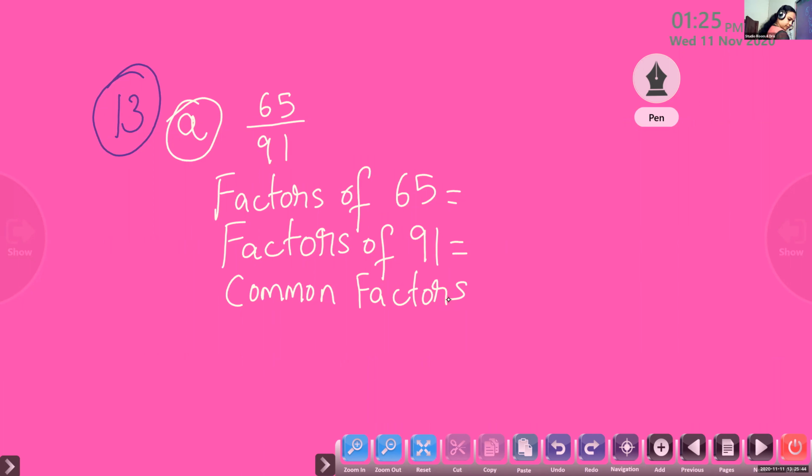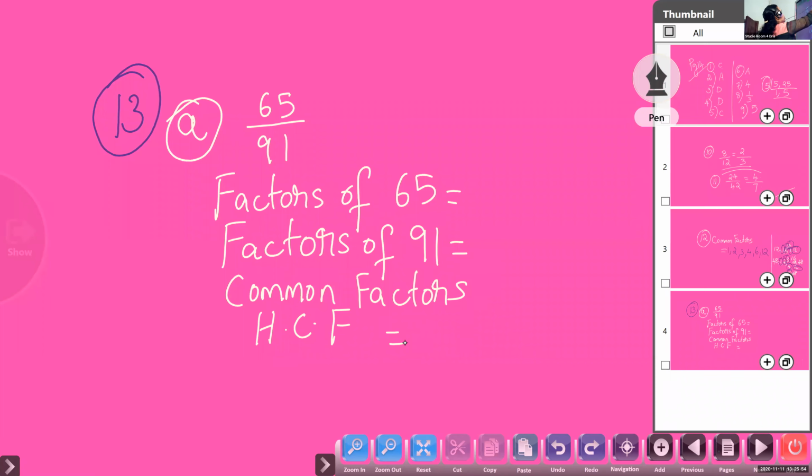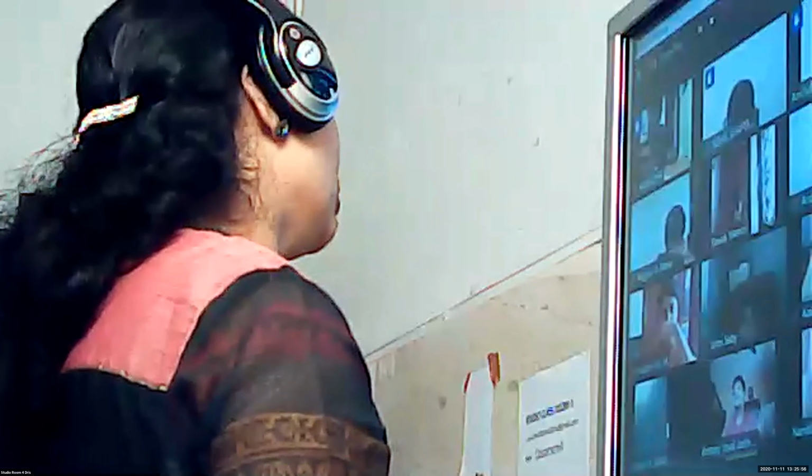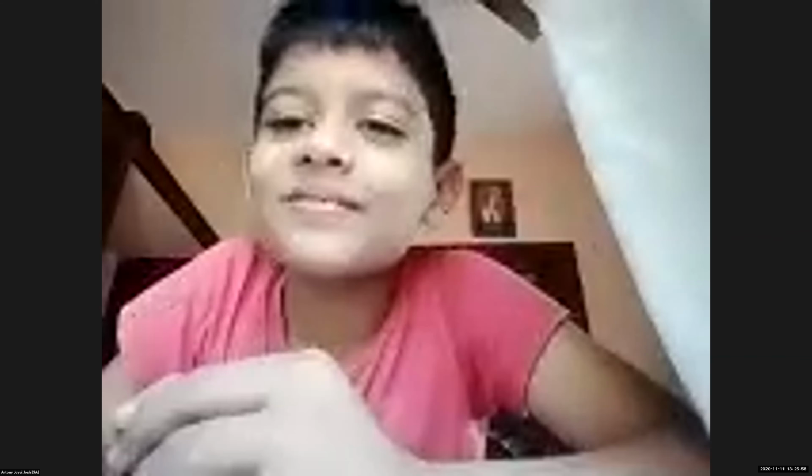Ma'am, we can use the prime factorization method. Now one question do like this, because this is the method given in your book.